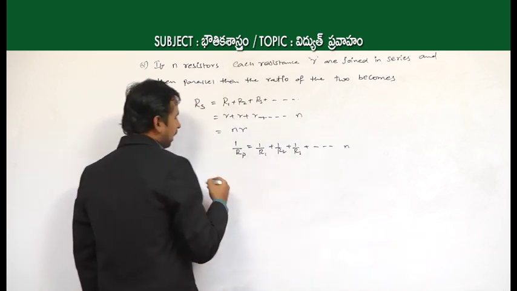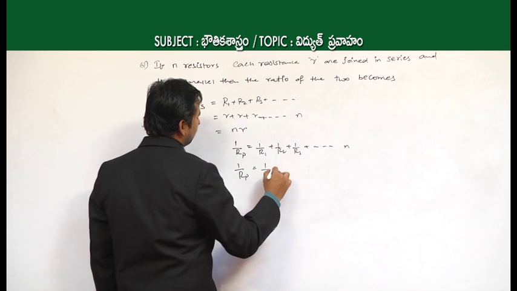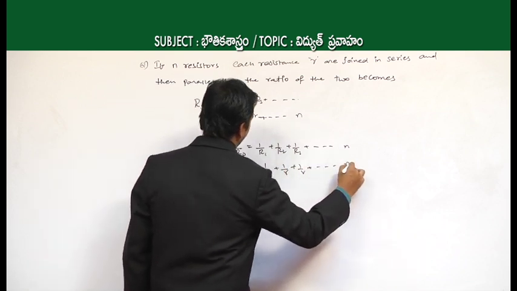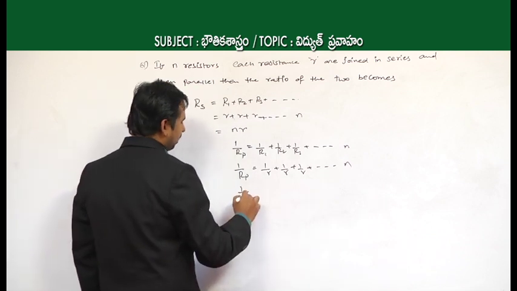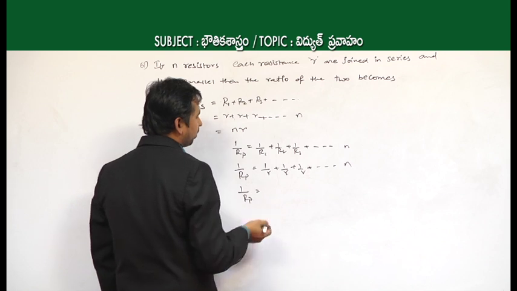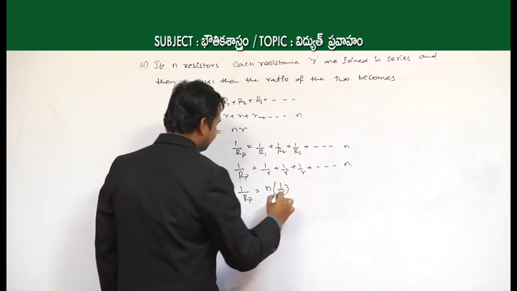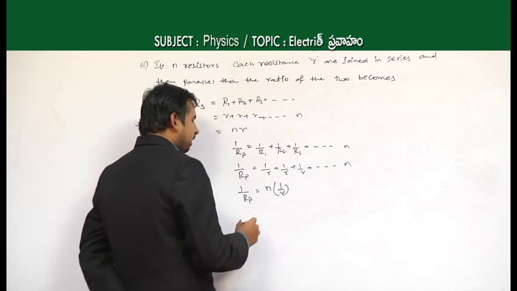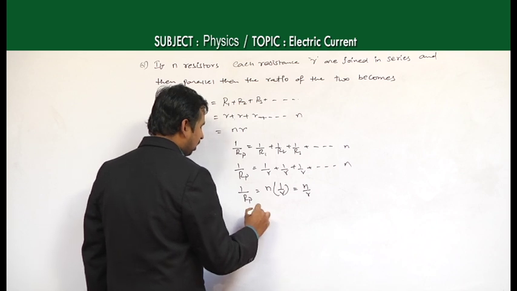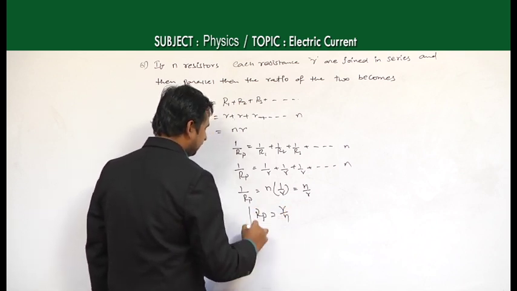As we are adding n times, but each one has a resistance of R only, so 1 by R plus 1 by R plus 1 by R and so on, n times. Then 1 by Rp becomes n of 1 by R, which means n by R. Then finally, the Rp value becomes Rp is equal to R by n.